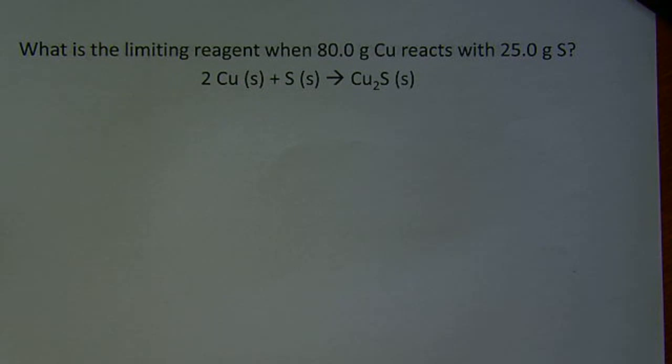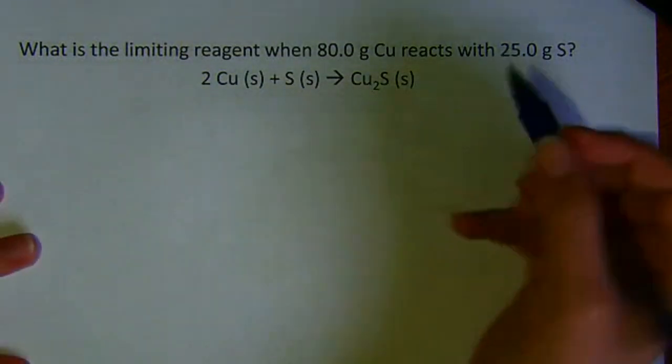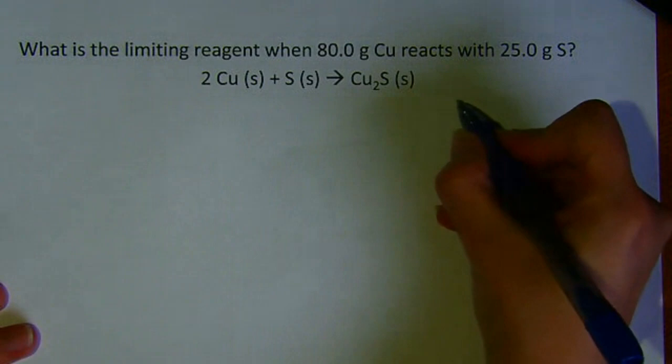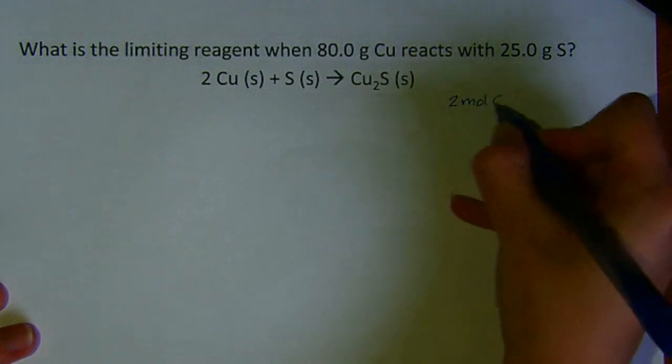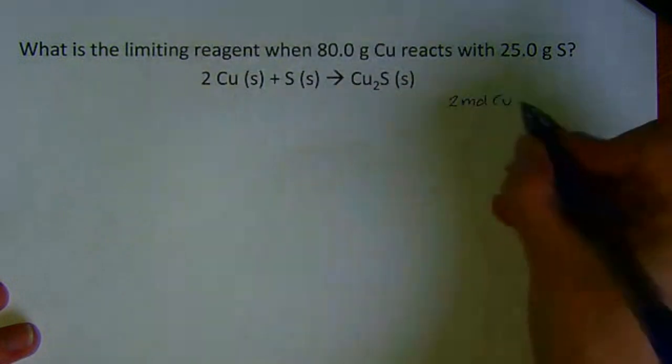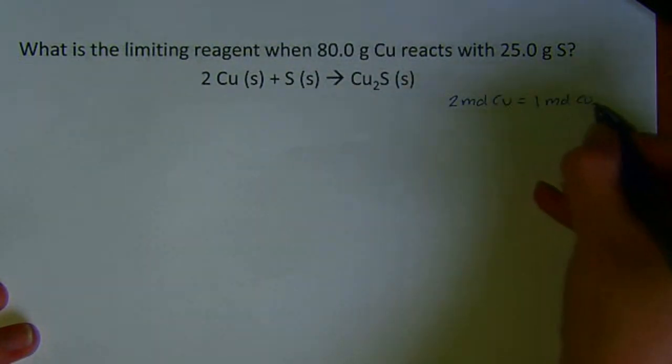So first, let's establish our relationships between each of our reactants and our product, off to the side here. We know that for every 2 moles of copper that react, that's going to produce 1 mole of copper sulfide.